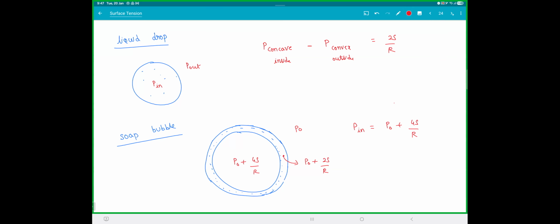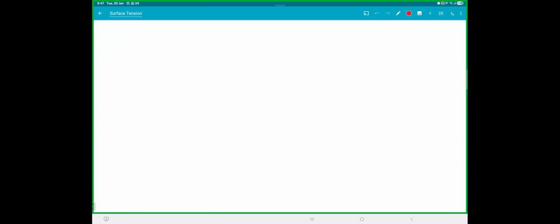Now you can have a more general formula for any random surface. Now the proof is not important, but you can remember this. Excess pressure across a surface.